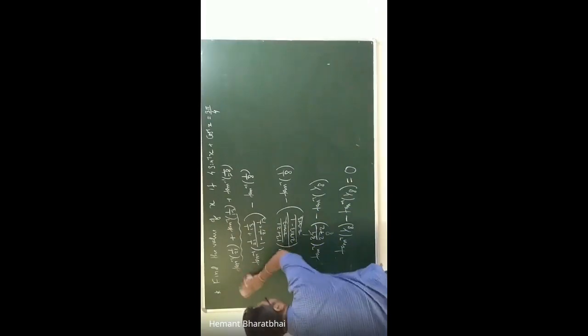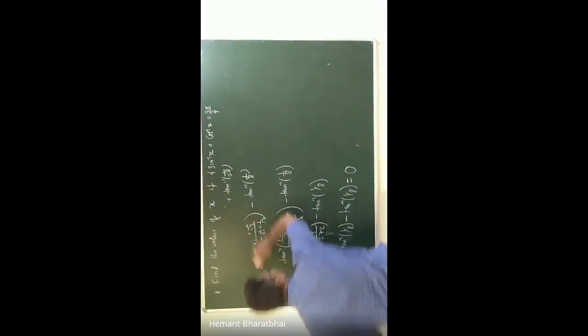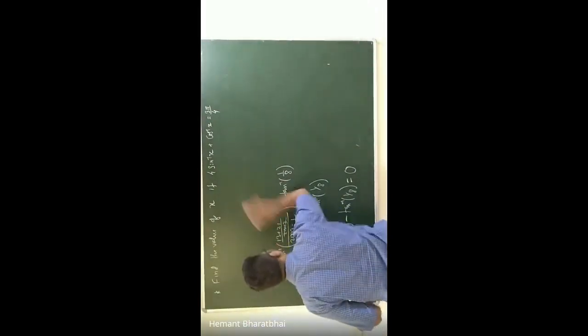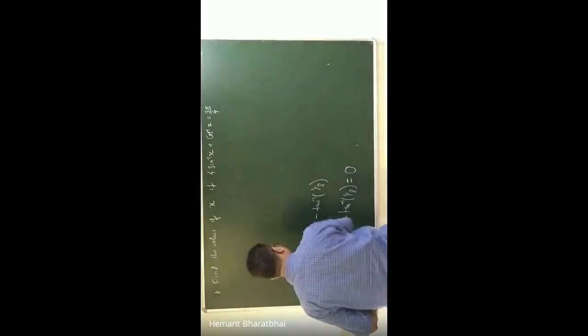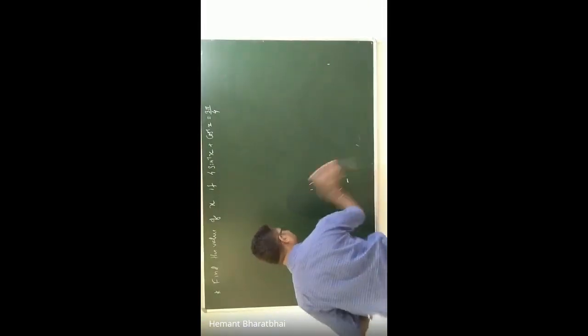So this time we need to find out the value of x. We don't need to evaluate an equation this time. This time he's telling us to find out the value of x.